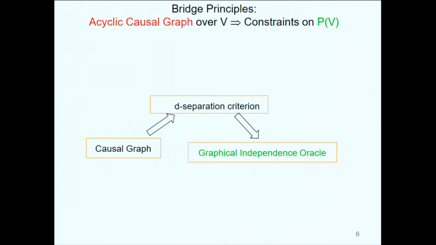And the d-separation criterion gives you the connection that's easy in general from a causal graph to a graphical independence oracle. So you give me the graph, I take d-separation, and I can read off like an oracle every independence and conditional independence relation that's implied to hold, no matter how I parameterize the graph, and no matter what values I put in the parameters. It's totally general.